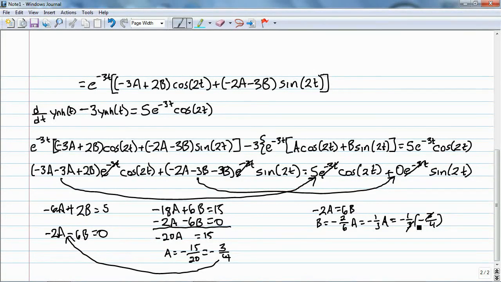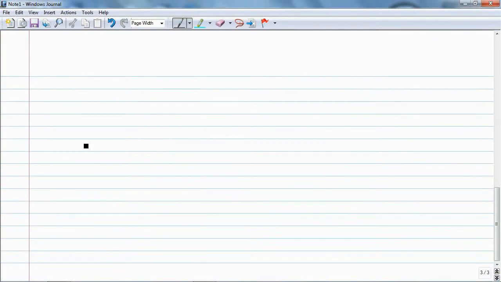The threes will cancel out, and I get a positive 1/4. So here are my two coefficients, and now I can write my solution.